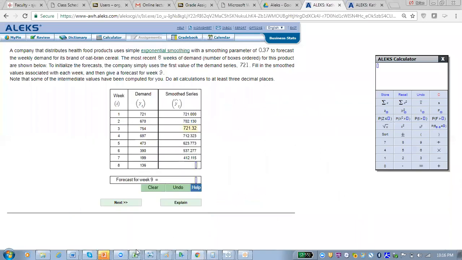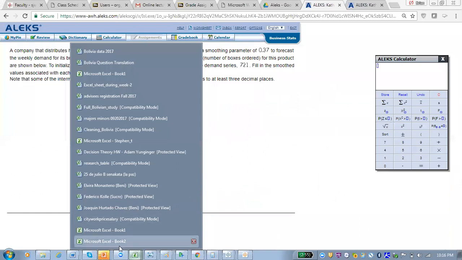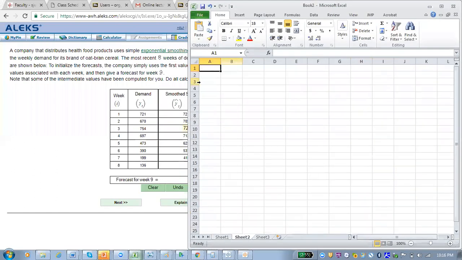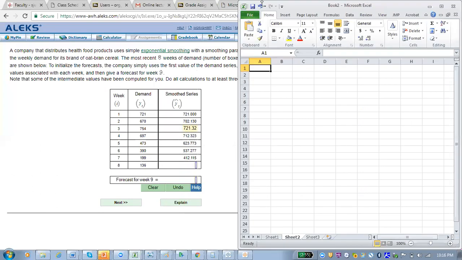Now, what we could also do, once you get comfortable with what we were just trying, is actually make it to see what's happening with the data. So we have time, we have demand, we have smoothed, and we have 1, 2, 3, 4, 5, 6, 7, 8, which I don't really care about.